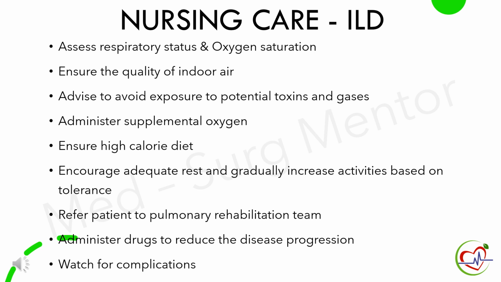Common nursing cares are assess respiratory status and oxygen saturation, ensure the quality of indoor air, advise to avoid exposure to potential toxins and harmful gases, administer supplemental oxygen, ensure high-calorie diet, encourage adequate rest and gradually increase the activities based on tolerance, refer patient to pulmonary rehabilitation team, administer drugs to reduce the disease progression, and watch for complications.